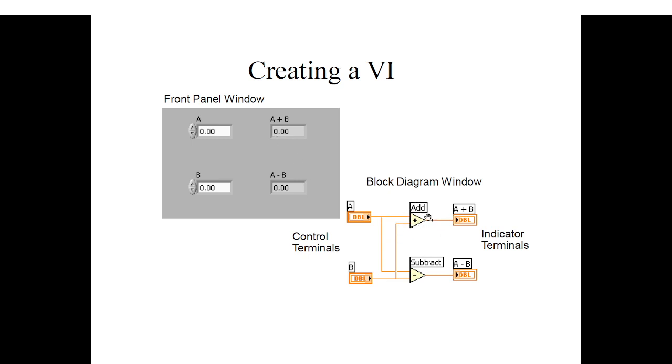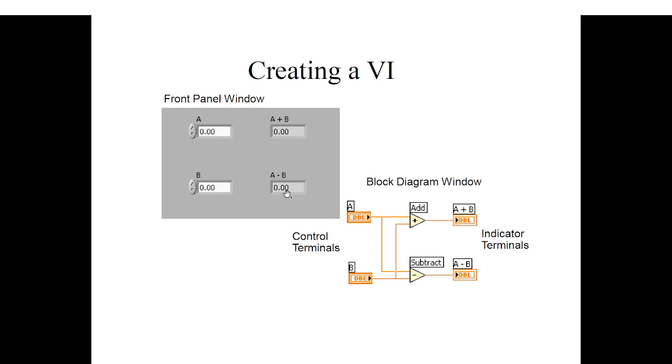So we need to get it from the functions tool, and also wire the raw data from A and B. This is the tool we need to execute addition, and it is sent to the indicator terminal A plus B. That A plus B indicator will be shown in this channel.